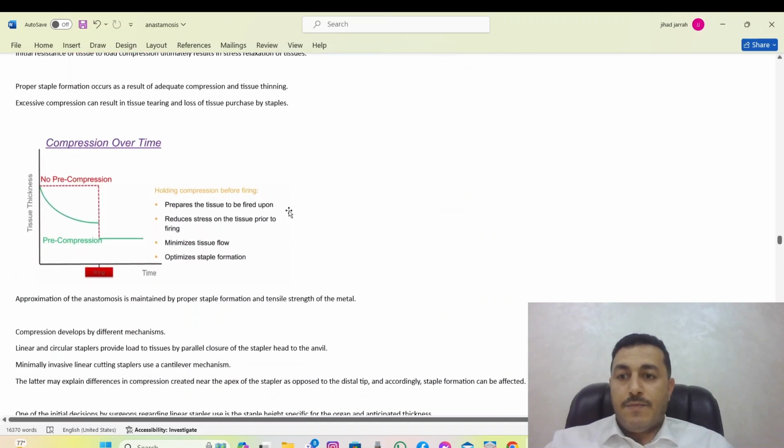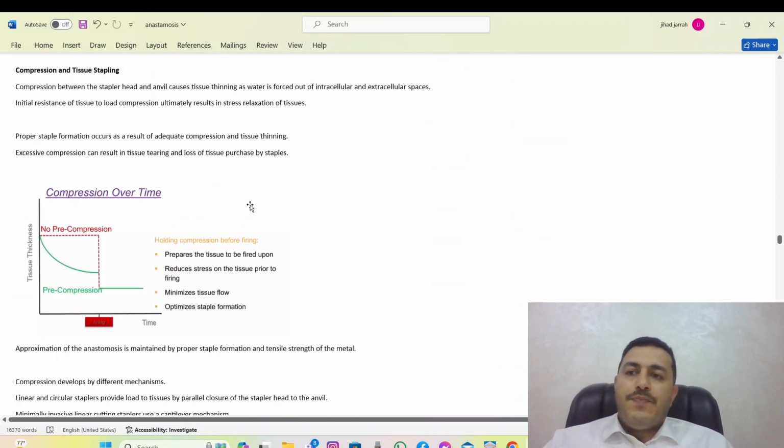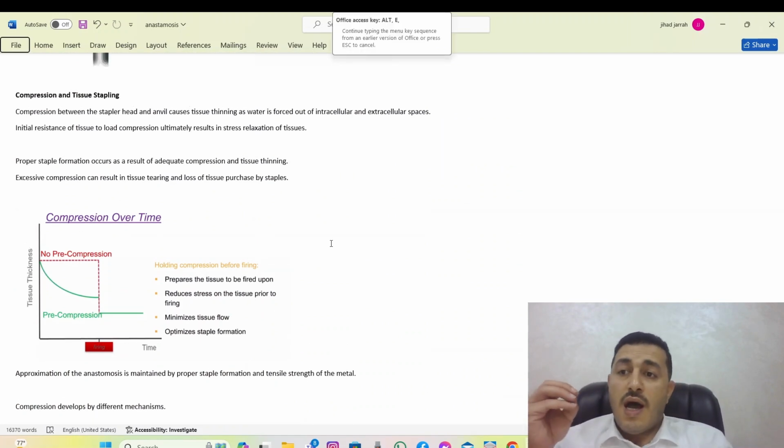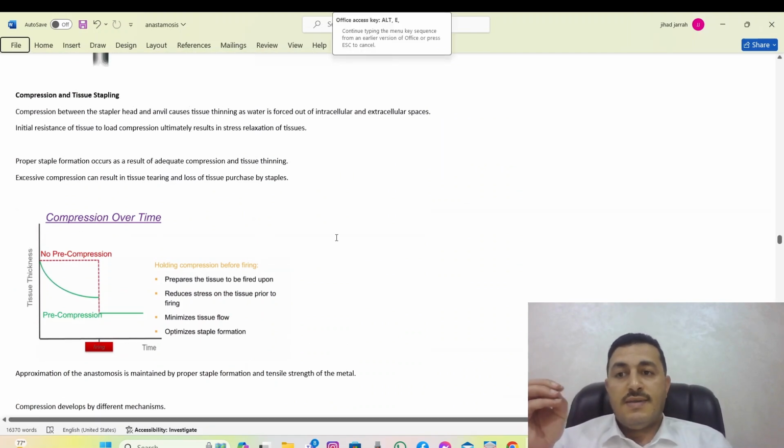Okay, compression. They focus on how compression is important before firing.